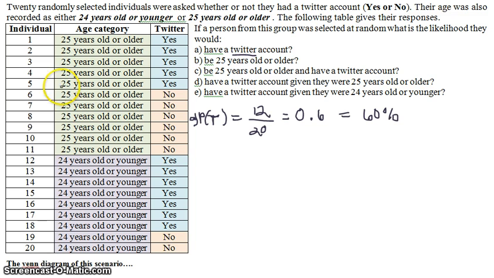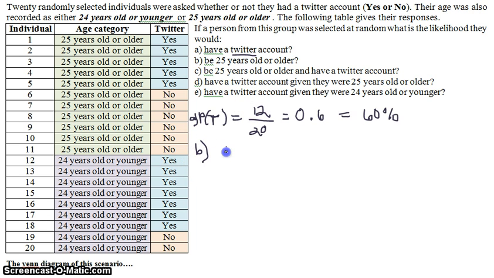Or you can think of this, if a person was randomly selected, the likelihood they would have a Twitter account is 60%. Okay, so again, probabilities are all just about counting up the number of events that apply in my scenario over the total number of events. So if I want to find the probability a randomly chosen student is 25 years or older, I can do kind of the same thing.